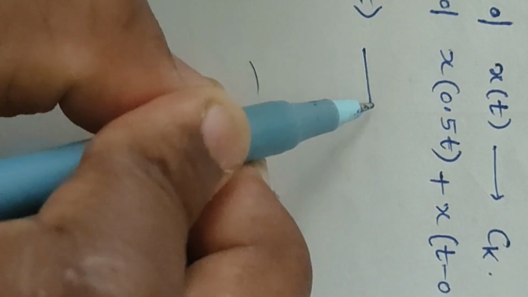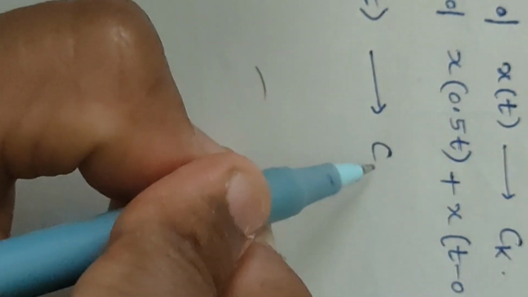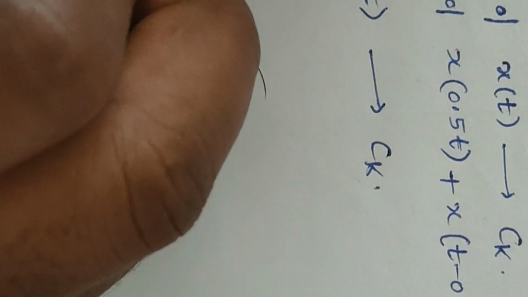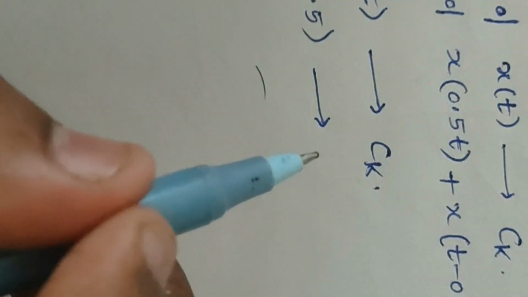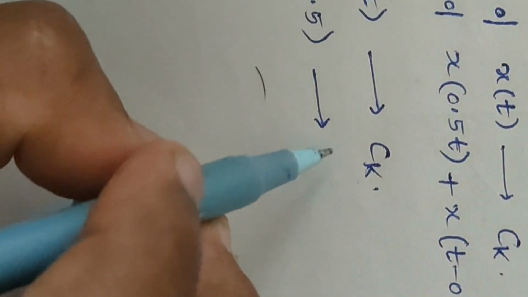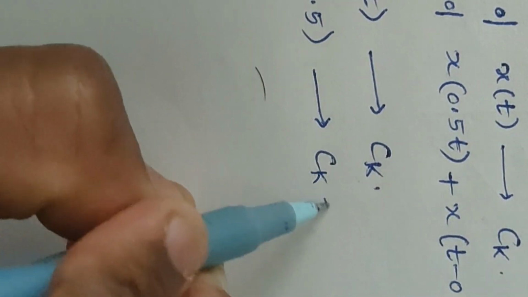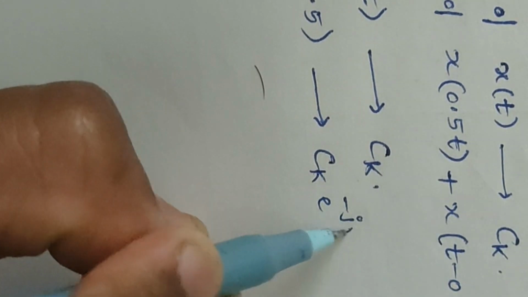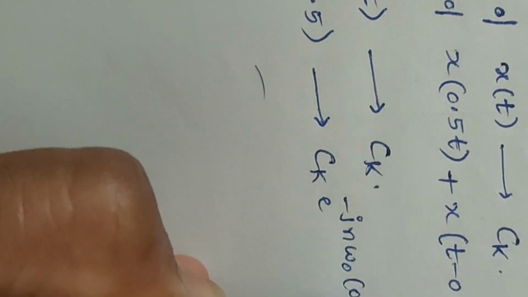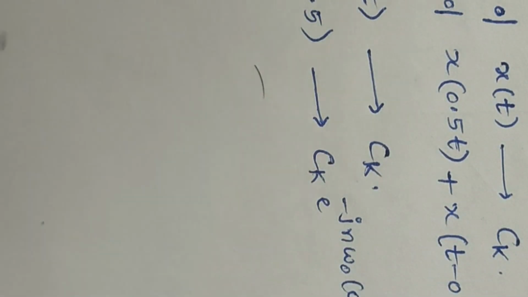By scaling, Fourier series coefficient remains same. Now we have to do time shifting. By time shifting, we can write it as ck e power minus j n omega naught into 0.5.